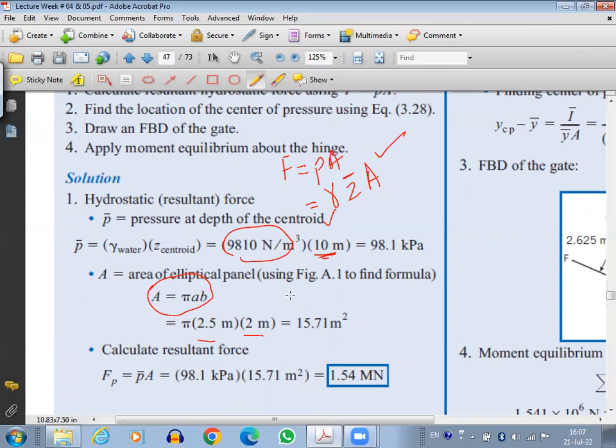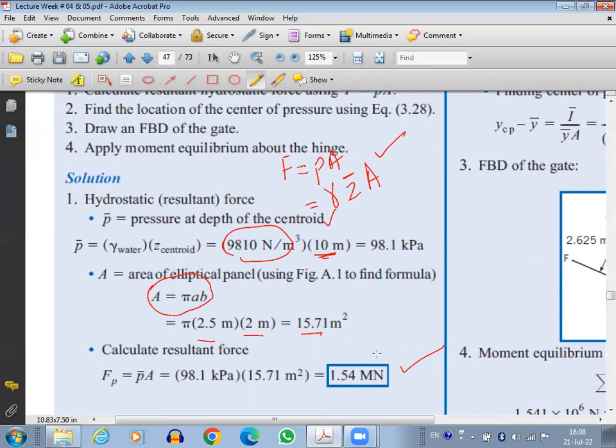Do you understand this 10 here? Multiply by area. So you're going to get the magnitude. So the first thing is done. Now you have found out how much is the force of the water on this gate. And for finding the force of water on the gate, we did not use center of pressure. We use centroid. Till this point, everything is clear or not?